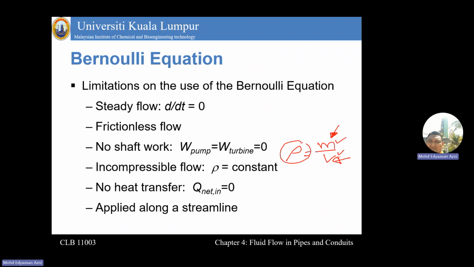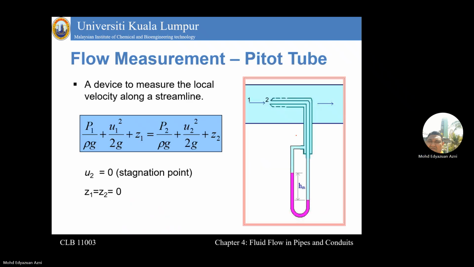So we have a constant density throughout the pipeline. And then there is no heat transfer, and it is applied along a streamline.